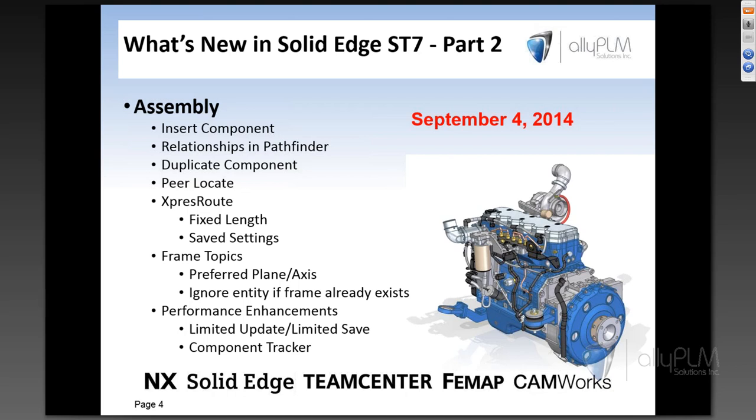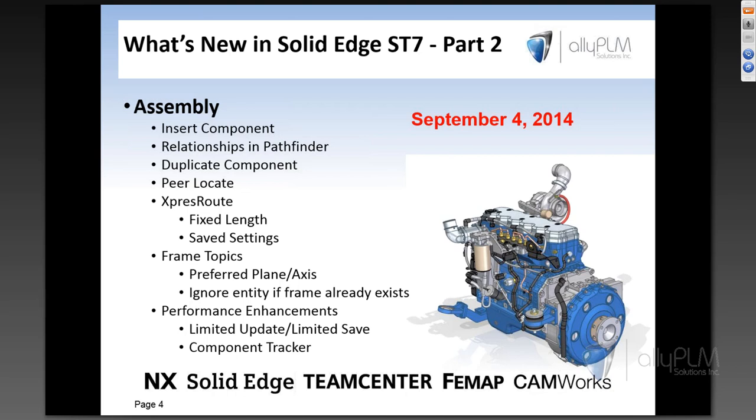We'll take a look at express route and the fixed length enhancement with that. And we'll get into some framing, the preferred plane and axis. They've kind of redone the options dialog box for framing. And then also the main thing I really want to talk about is some performance enhancements with assemblies, that being limited update and limited save, and also the component tracker.